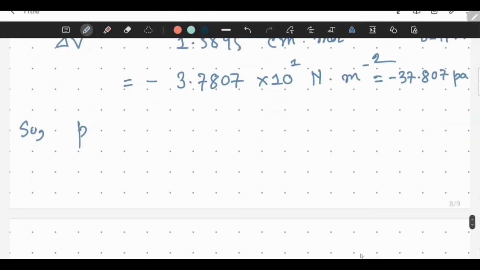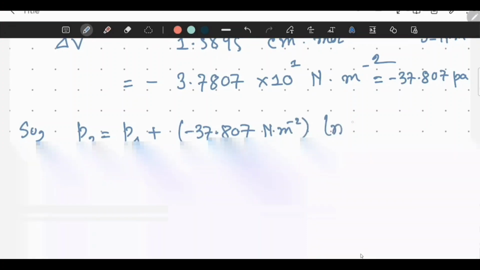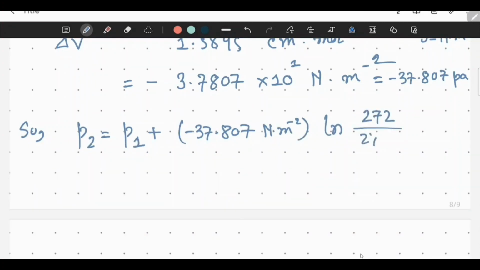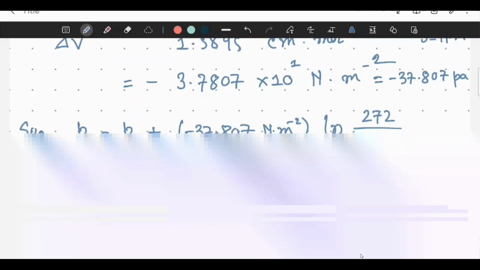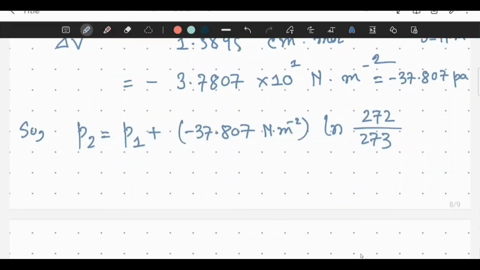So now P2 is P1 plus 37.807. This is Pascal, means Newton per meter square, into ln 272 by 273. What will be the value of this? Ln, okay.